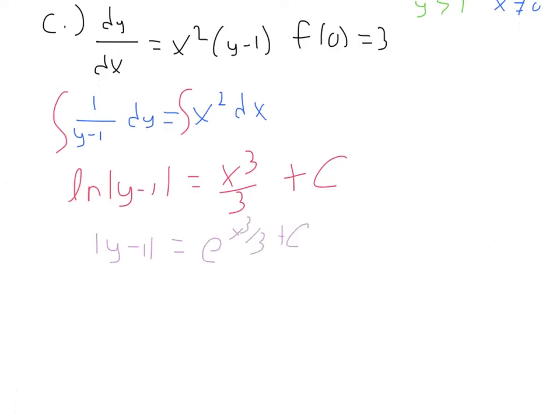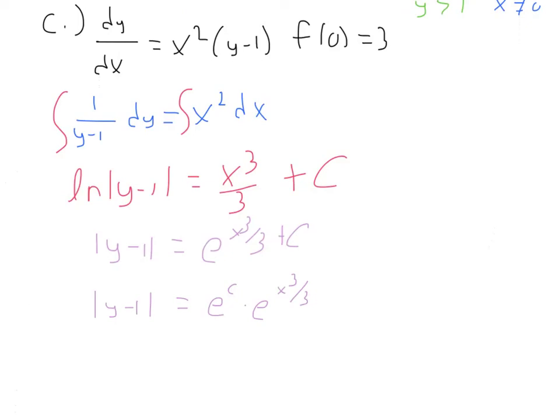Now, because we have addition in our exponent, let's rewrite this as the absolute value of y minus 1 is equal to e to the c times e to the x to the third over 3.